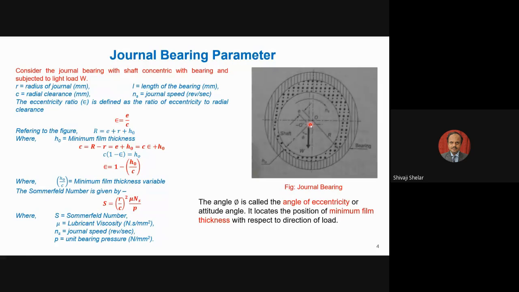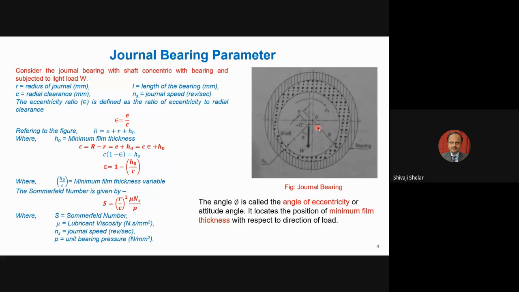The shaft axis is away from the bearing axis. So we need to define how far it is. For that we define eccentricity, the radial distance between the O and O dash points.